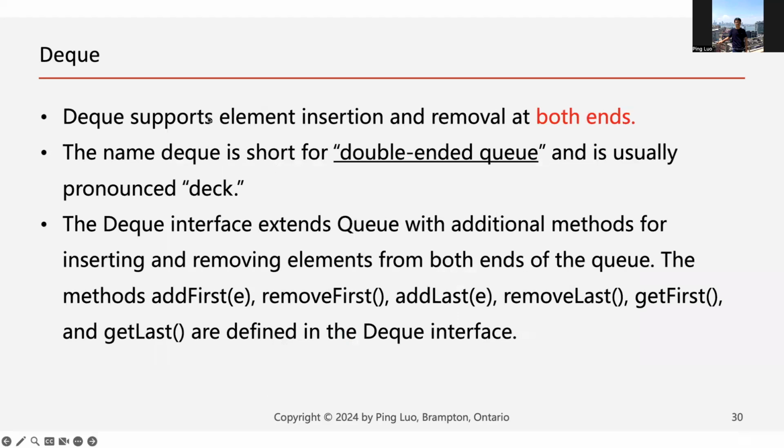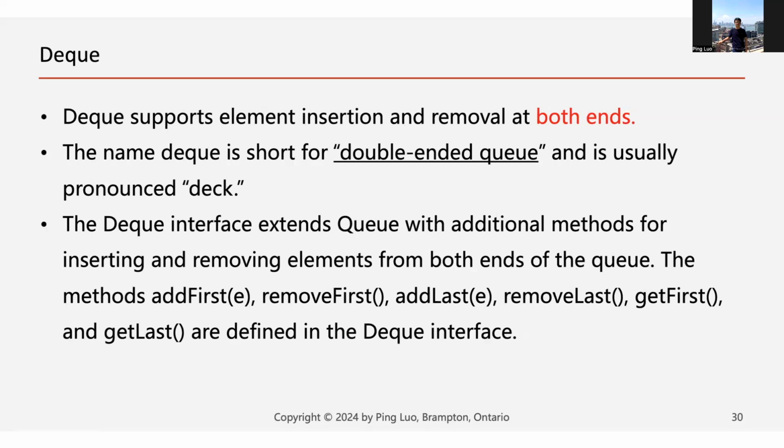There is also another queue called Deque. It's called a double-ended queue. Usually with a traditional queue, you put something in it one by one, this way.